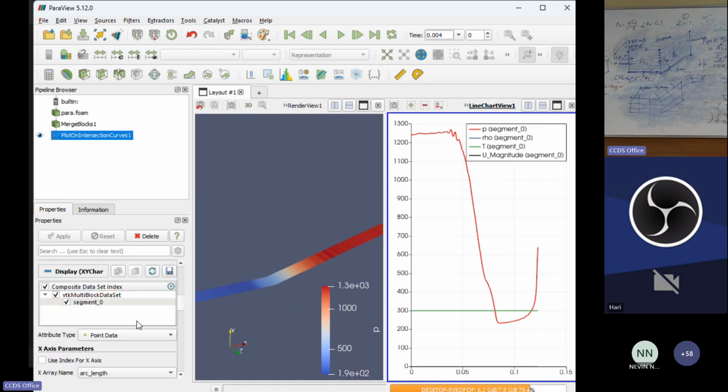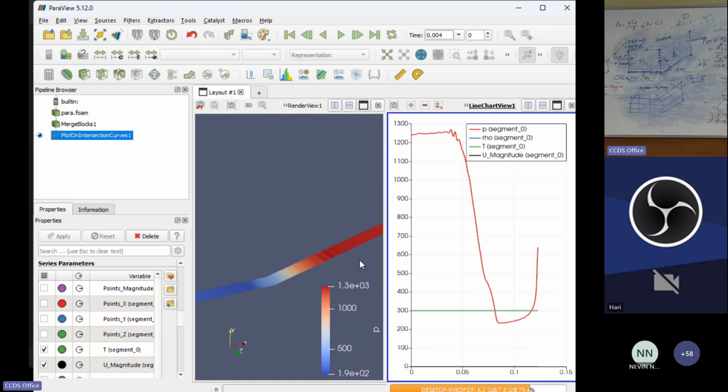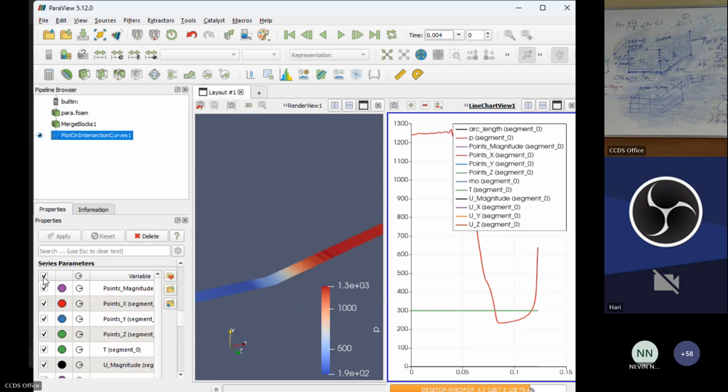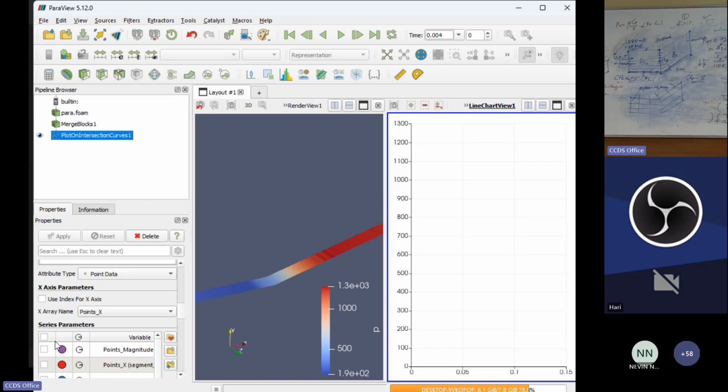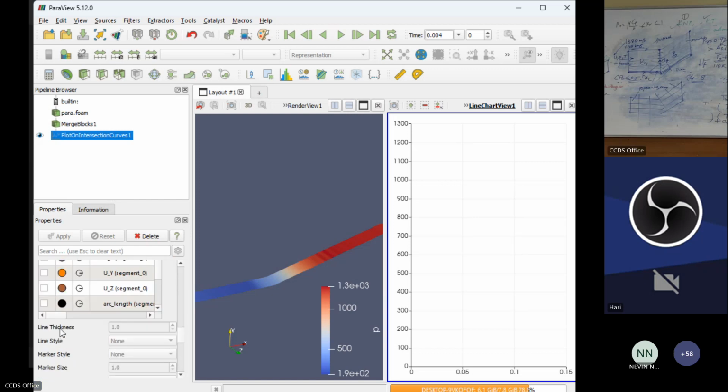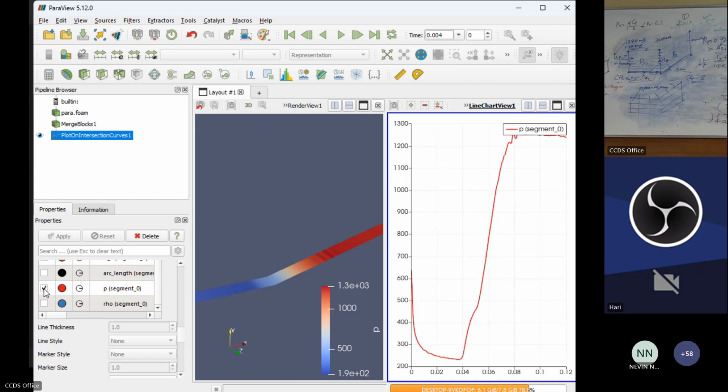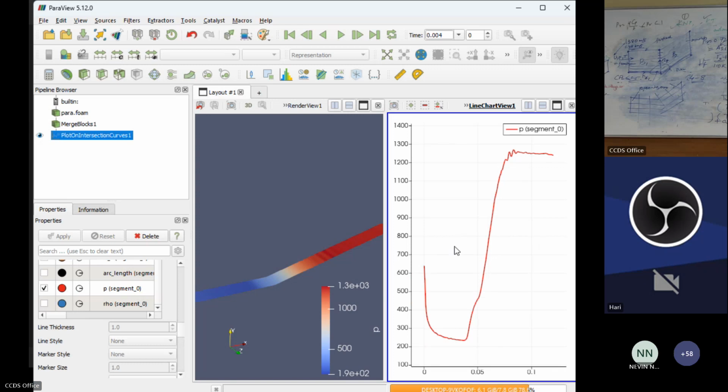This is the typical variation of the pressure over this whole patch. So like before, you can use the streamwise coordinate, point x, and use the pressure, right? So this is typically what has been plotted over here.